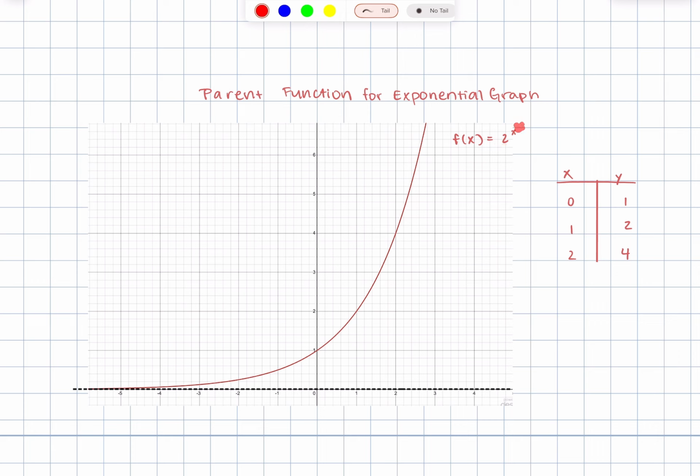So the power is x. And we have our values (0, 1) on the table, (1, 2), and then (2, 4). So those are our three standard values that are given. We can get more, but we don't really need them. So it's important to realize that at 1, our y value is 2.